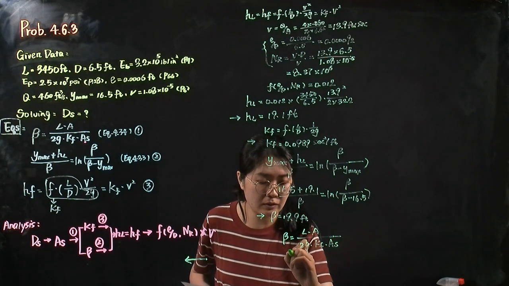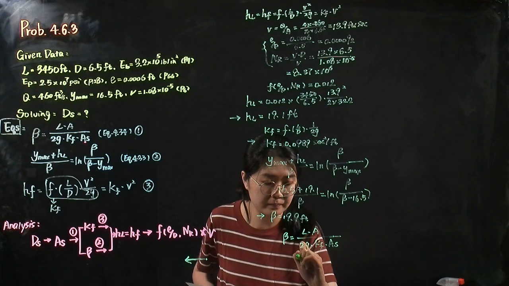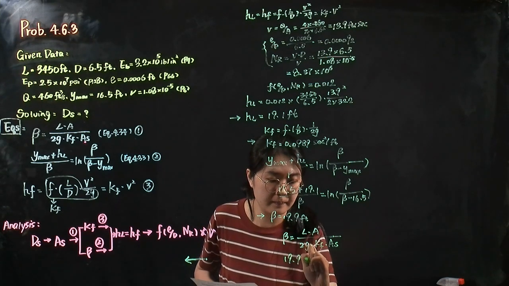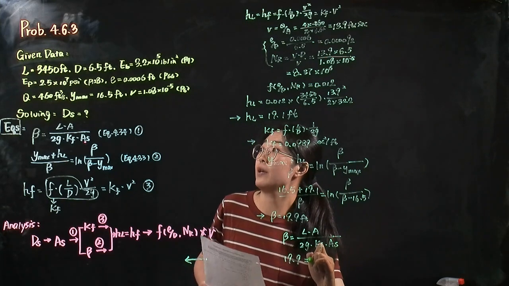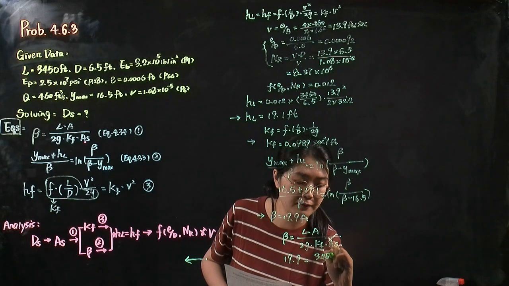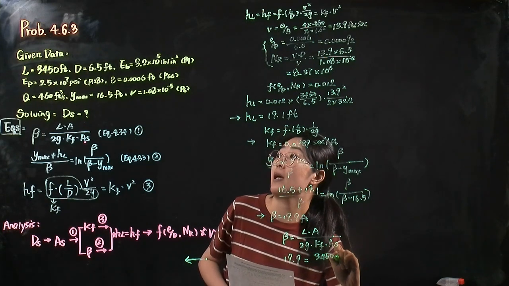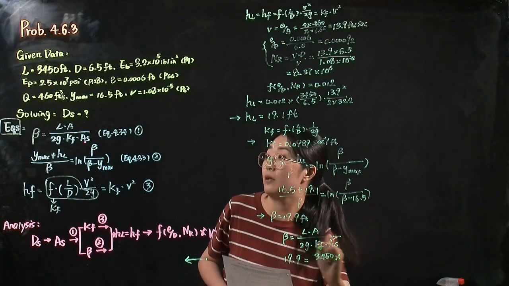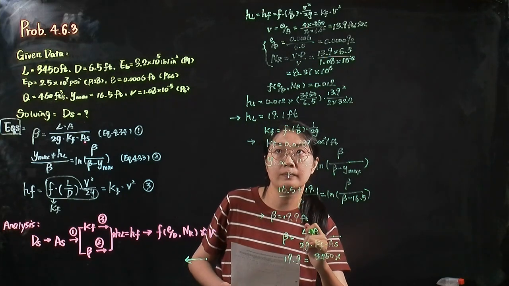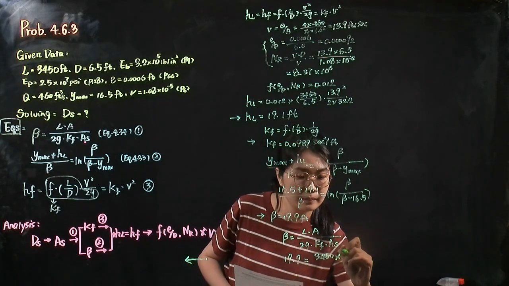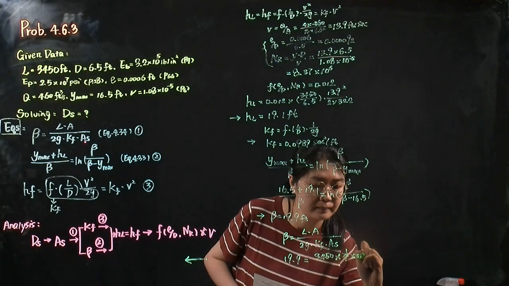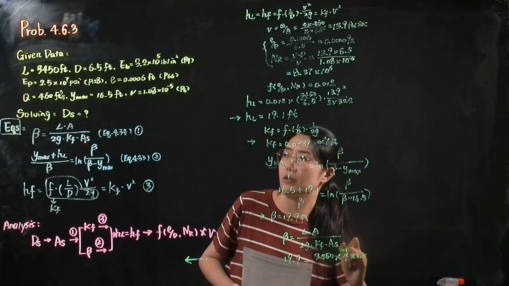The beta equals 19.9. The length is 3,450 feet times the area, which equals 1/4 times pi times D squared.